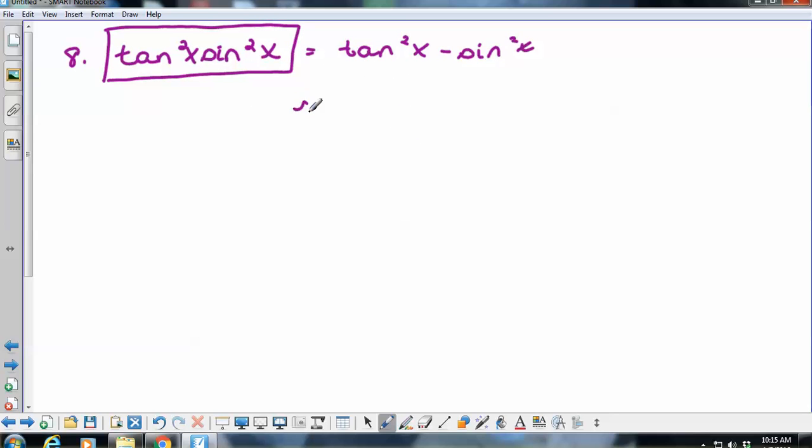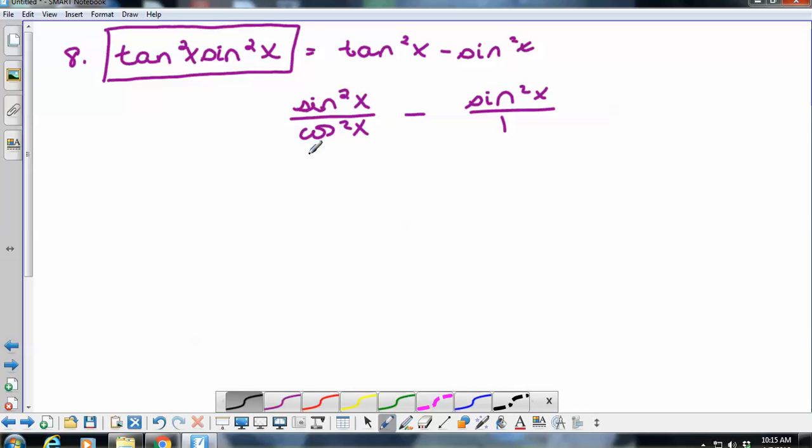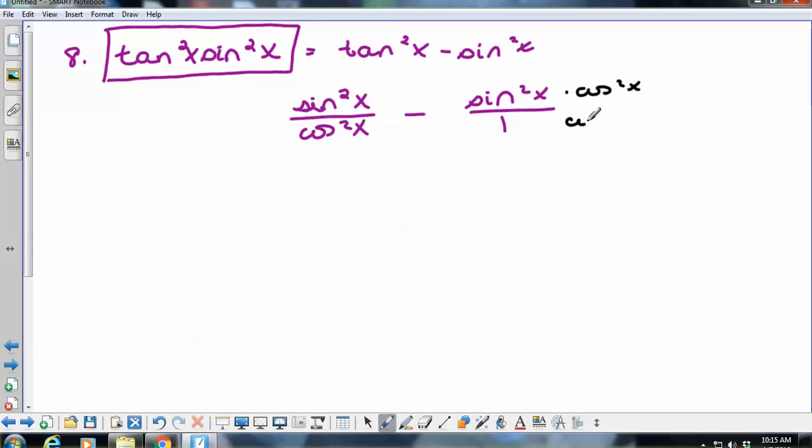So if I change this to sines and cosines, tangent squared x would be sine squared x over cosine squared x, minus sine squared x over 1. What do we have to get a common denominator to subtract these things? This one will have to be multiplied by cosine squared x on top and bottom.